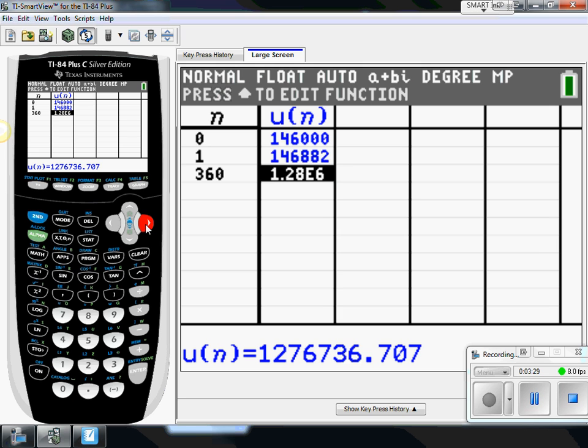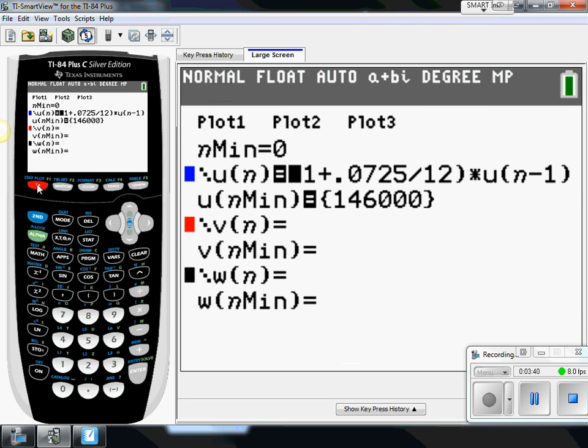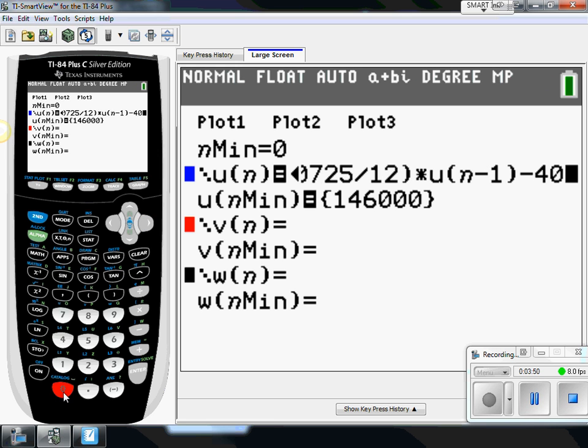So obviously, the $146,000 loan didn't decrease because we haven't made any payments. So what we're going to do is we're going to toggle back and forth between y equals, and we're going to go to the end of the line here and try out different payment amounts. For example, what if we did minus 400, meaning that we're putting a $400 payment on this loan every month.